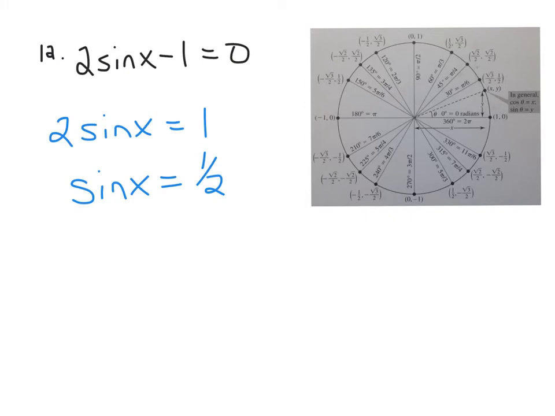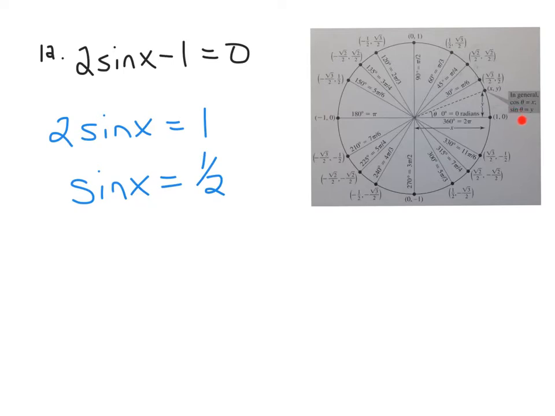So this is just an inverse problem. You could punch into your calculator inverse sine of 1/2 and get a decimal approximation, but you're really being asked to find these exact values all the way around. So what angle produces a sine of 1/2?